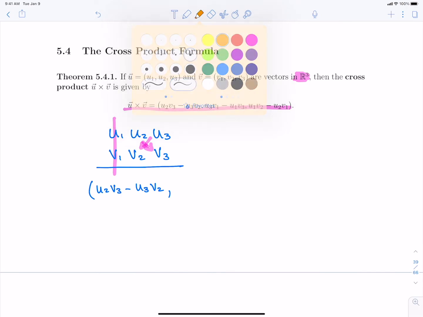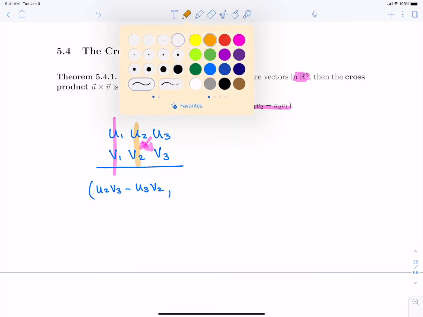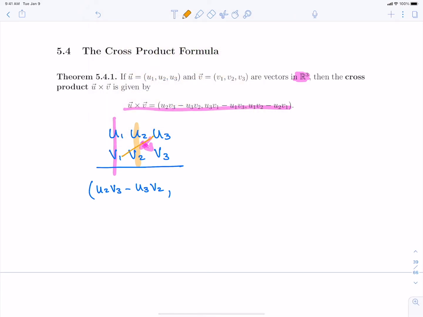I then cross out my second column, and this time I start the other way. With the first one I started and went left to right. This time I go right to left for the second one. So I go u3 v1 minus u1 v3.